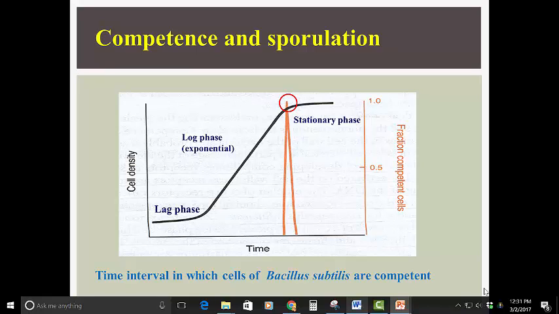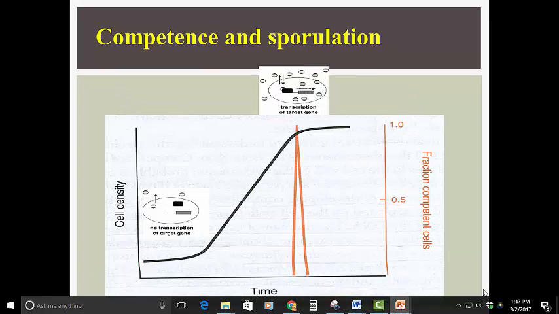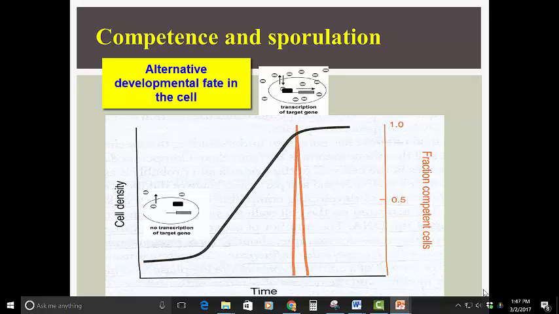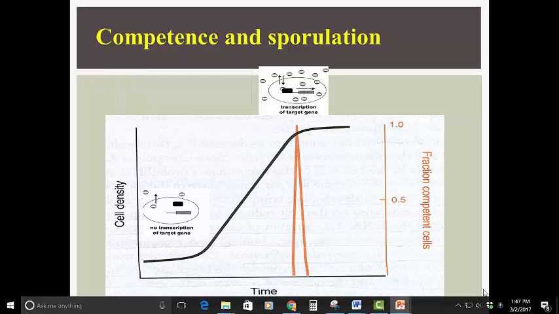As you can see from this growth curve, competence and sporulation occur during the late log phase, or late exponential phase. Competence and sporulation are alternative developmental phases in the cell. They both tend to occur at the end of exponential phase when the cell densities are high.